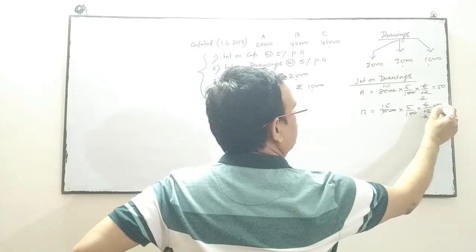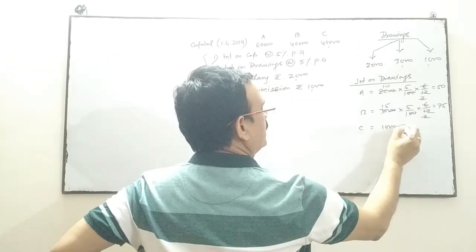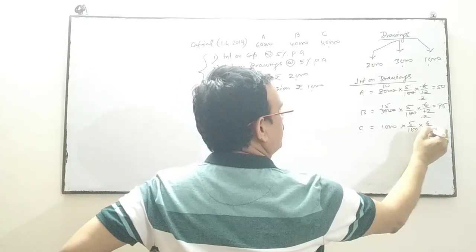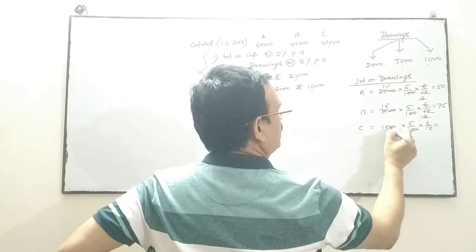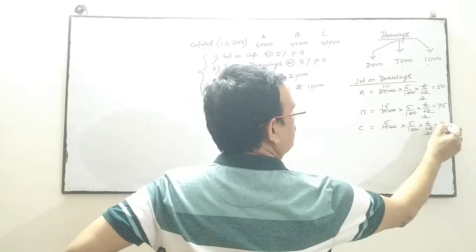It is 75. C's drawing is 1000, rate of interest 5%, 6 by 100, it is 25.